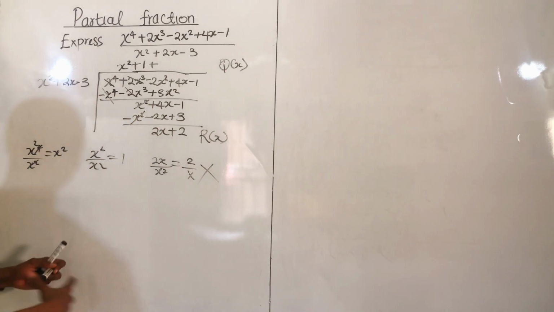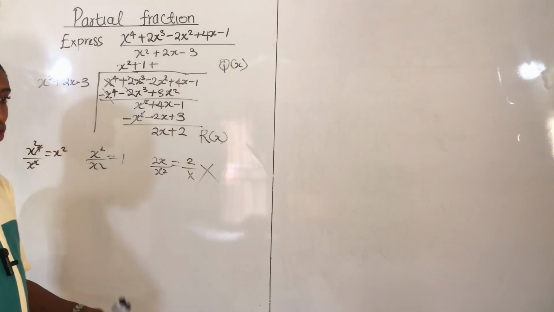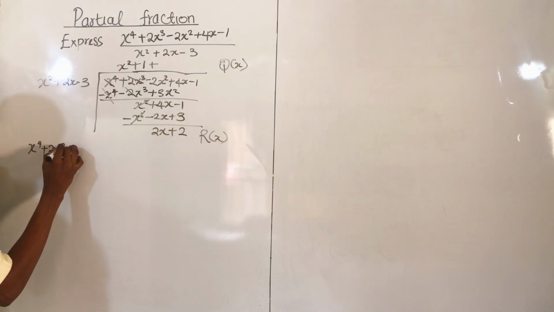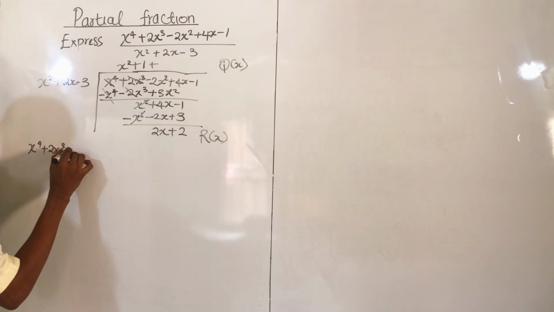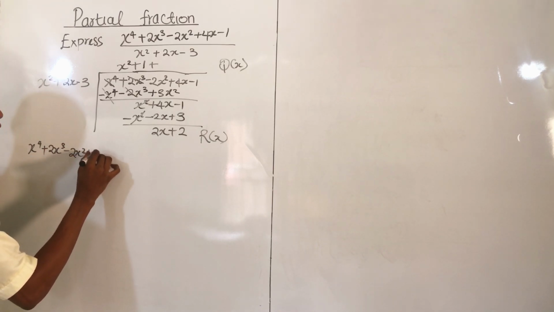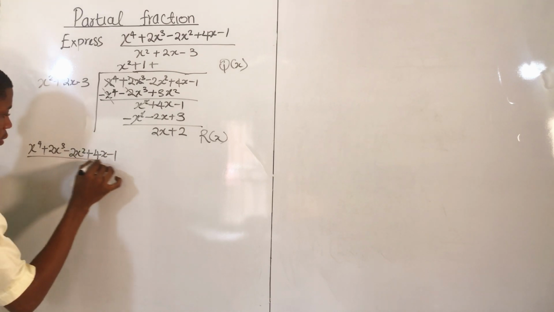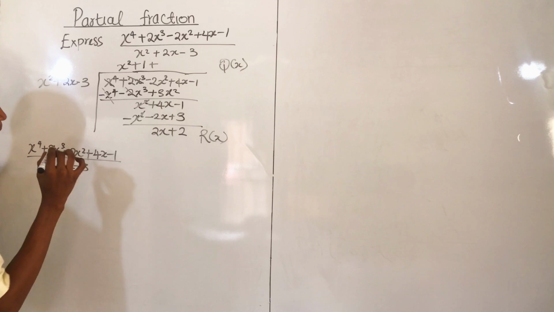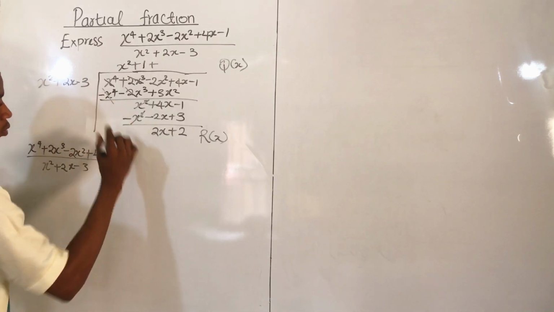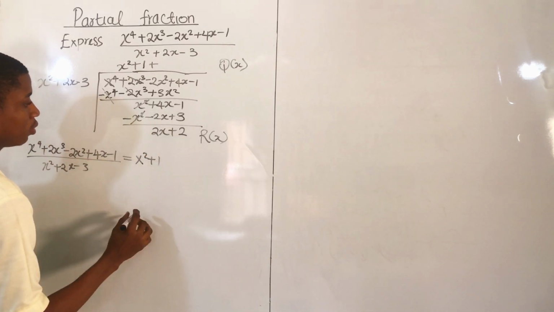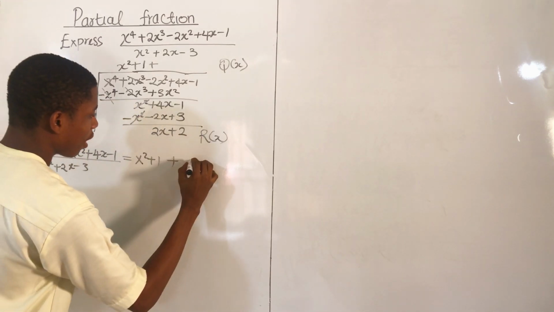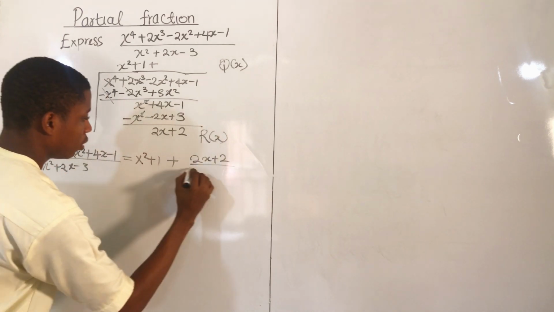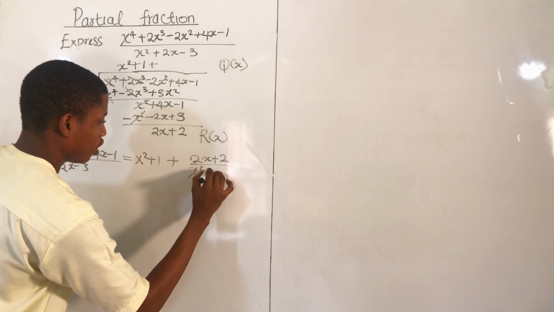So please, you're going to get an expression in terms of the remainder, quotient, and the dividend. So x raised to the power 4 plus 2x cubed negative 2x squared plus 4x negative 1 over x squared plus 2x negative 3 is equal to x squared plus 1 plus the remainder, negative 2x plus 2, over the denominator, which is what we have here.